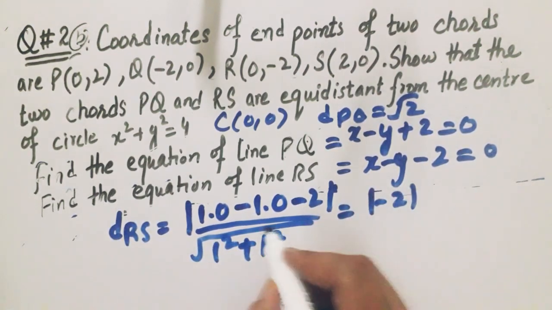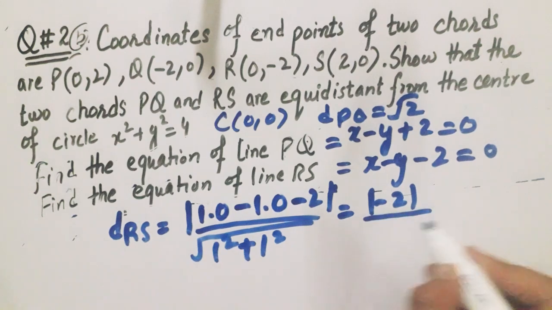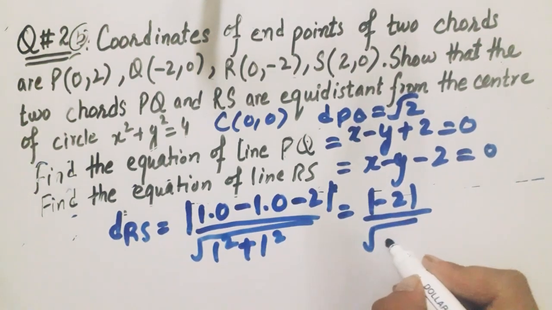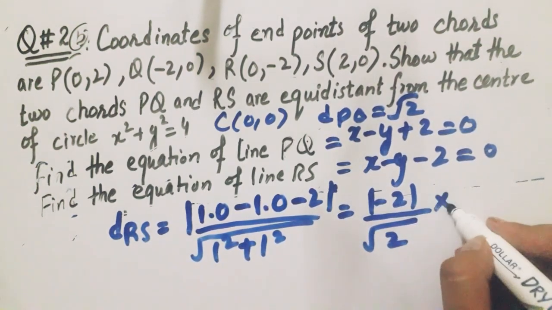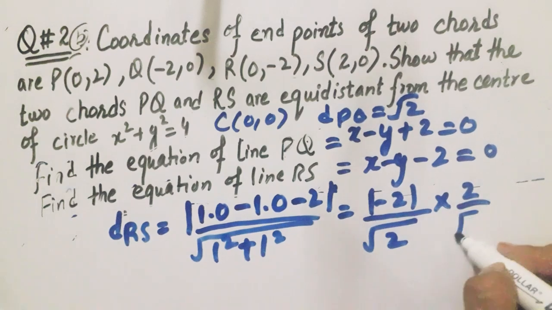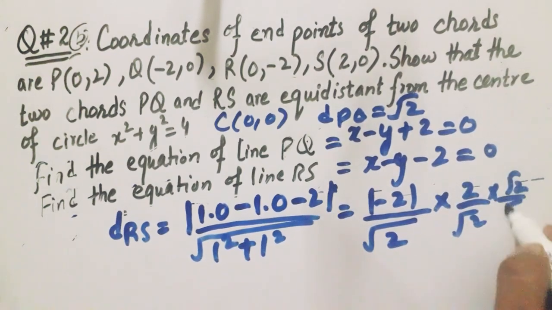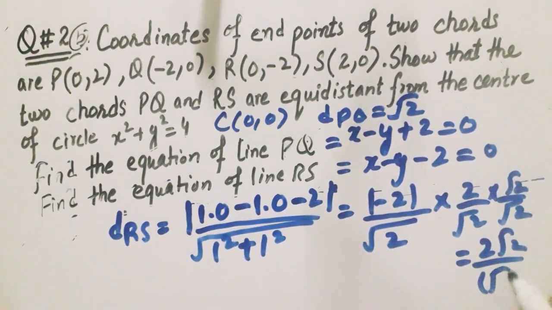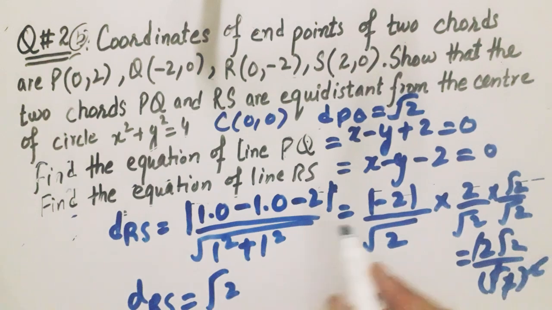Mod of minus 2 will become positive and 1 square plus 1 square is 2. Again rationalize this, we will get 2 square root 2 by 2, and 2 and 2 cancel. So distance of RS is also equal to square root 2.